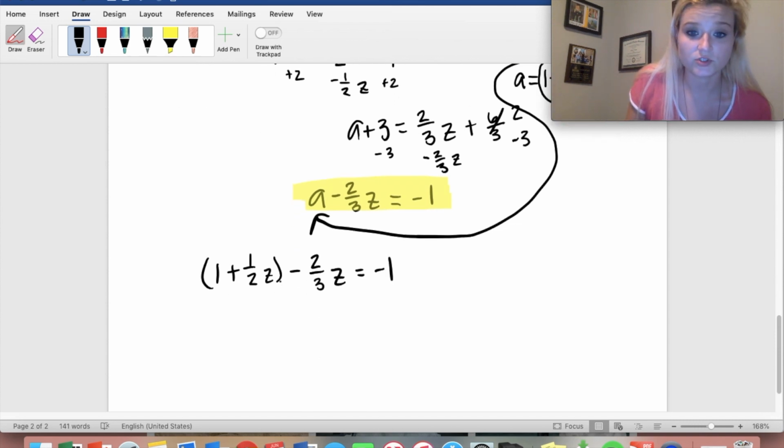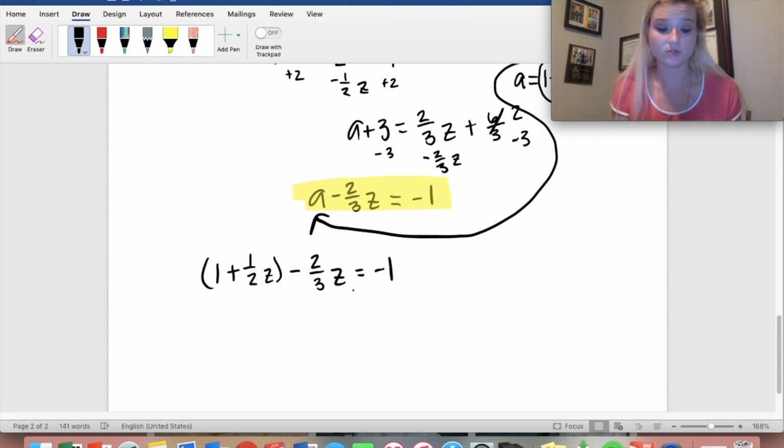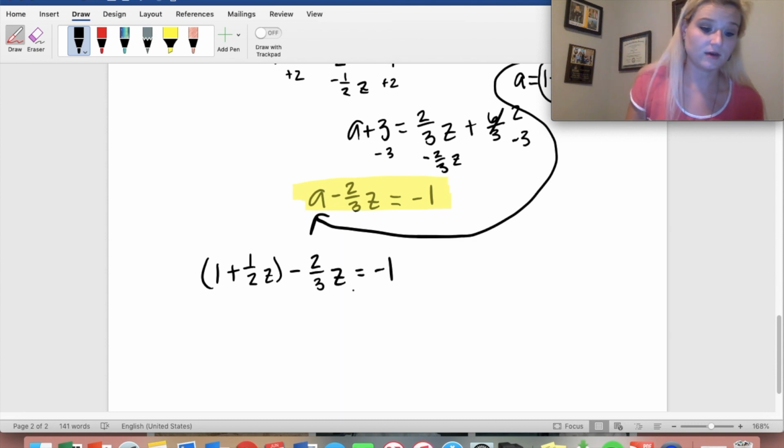So here we just want to combine our like terms. So we have 1/2 z minus 2/3 z. And since we can use our calculator, we'll just type that in as 1/2 minus 2/3. And that is going to give us -1/6 z.